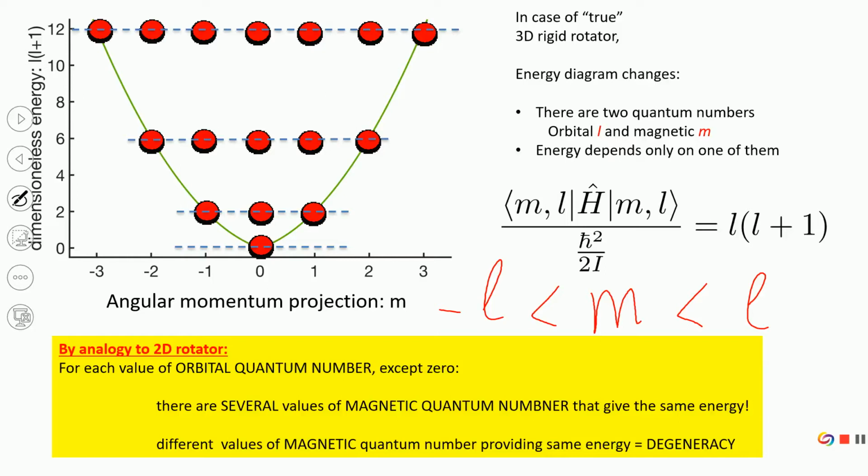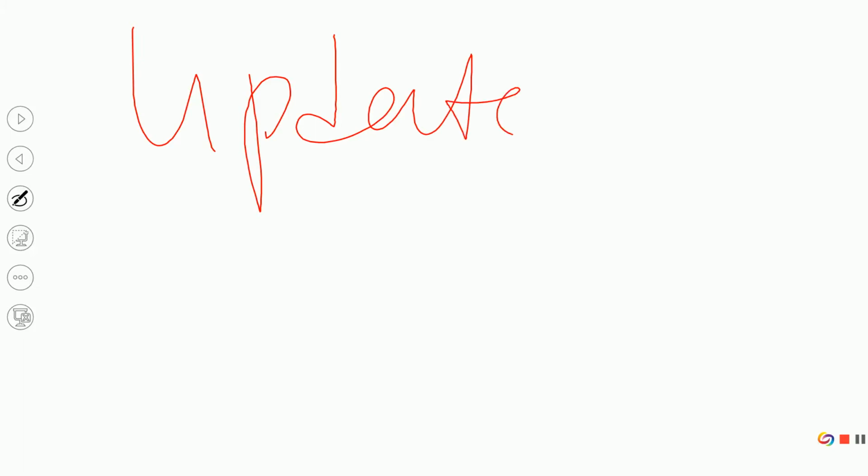So permission for a system to rotate out of plane provides an update to degeneracy.